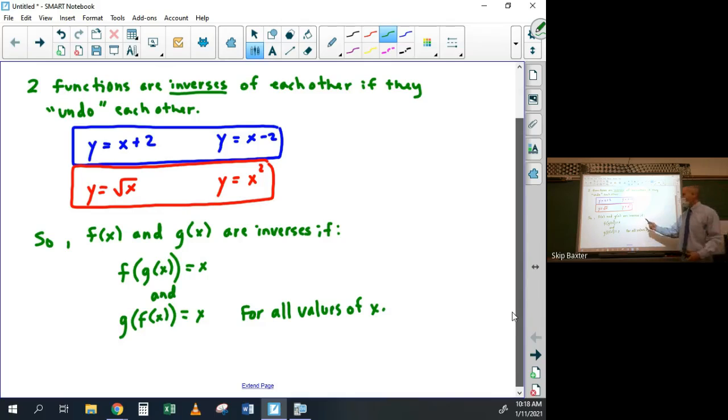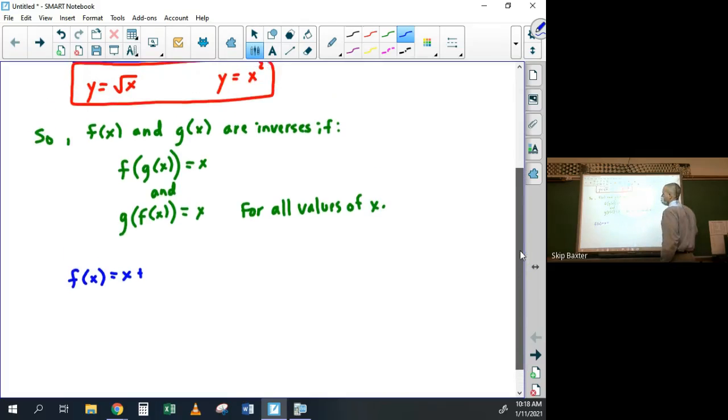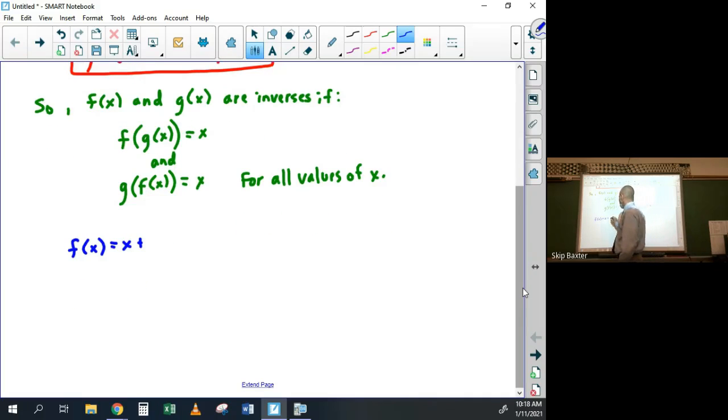So if I test that for one of my examples up here, suppose f of x is equal to x plus 2, and suppose g of x is equal to x minus 2. I could test to make sure that they're inverses by doing this to them. I could say f of g of x.